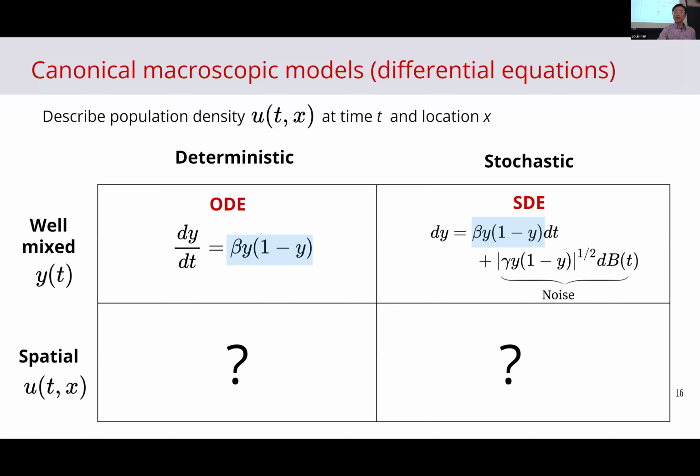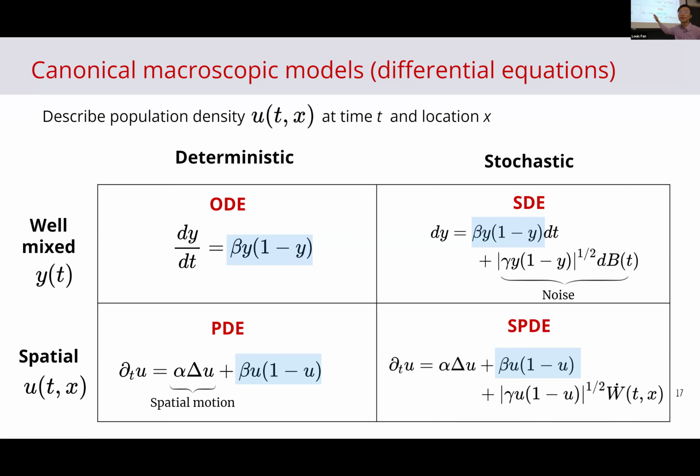And what about spatial models? I'm going to show just a quick example. Analogously, this highlighted term here, beta U(1 - U), is the same term that appears, but there's this extra spatial motion term here. And in this talk, we focus on continuum space.